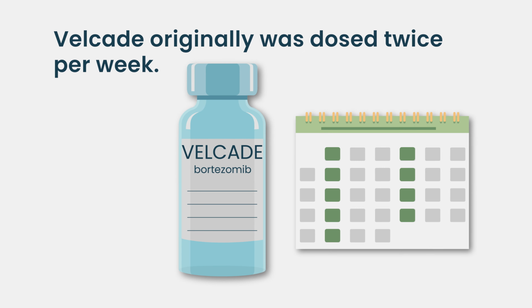A good example of how real-world data, right here, right now, is changing how we care for our patients is that historically bortezomib, this drug Velcade, was dosed twice per week, Monday, Thursday, or Tuesday, Friday. That's just how the trials were designed, over 2 decades ago, and it's kind of stuck that way in all the trials since then.